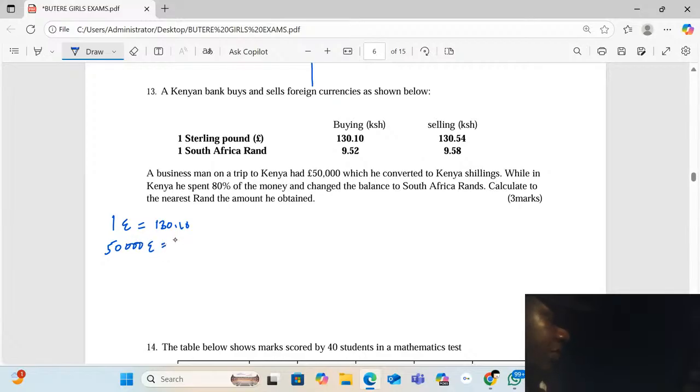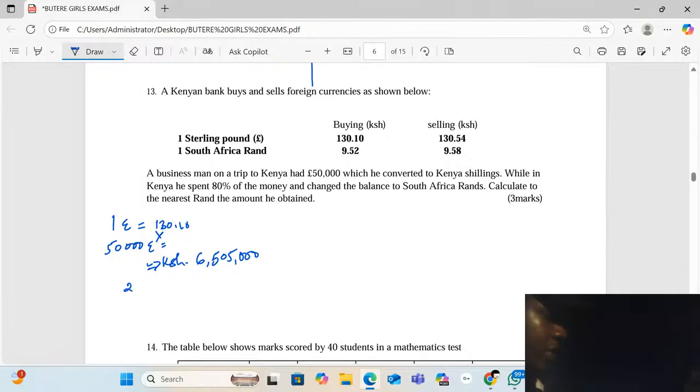When you cross multiply the two, we shall have Kenyan shillings: 6,505,000 Kenyan shillings. But in this, the only remaining amount is 20%.